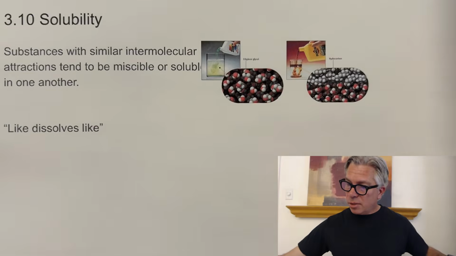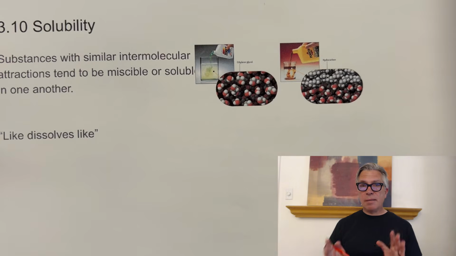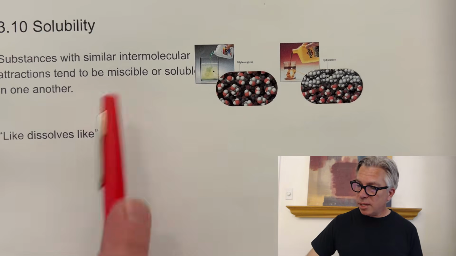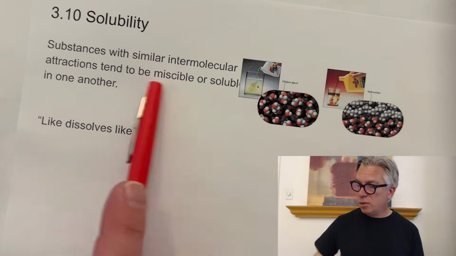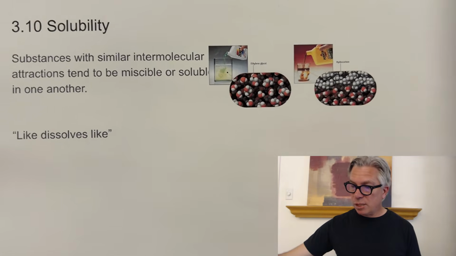We're already at 3.10. Things are speeding up. And here we're going to talk about solubility. To make a solution, you most of the time need to have things mixing that are similar to each other. Not perfectly alike, but similar. Substances with similar intermolecular attractions tend to be miscible or soluble in one another. Like dissolves like is the cute little phrase we have.